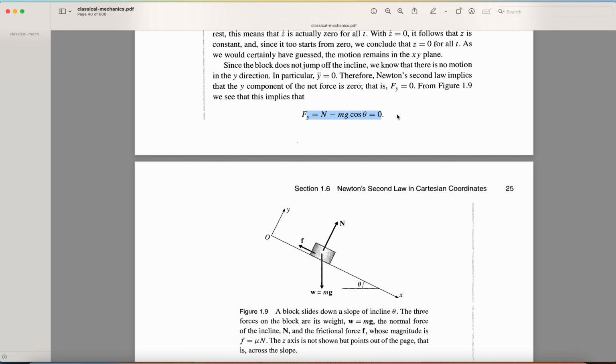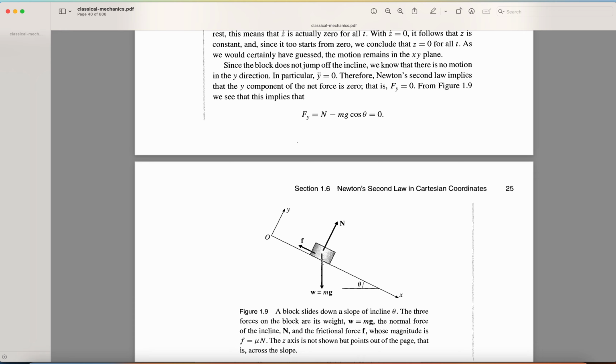But they can use it to actually compute something. There are two forces acting in the y direction. One is your normal force and one is your weight. If you use some similar triangle stuff, you can see this angle is theta.